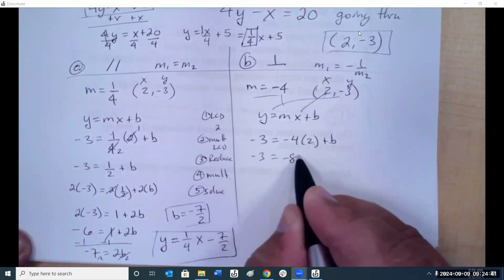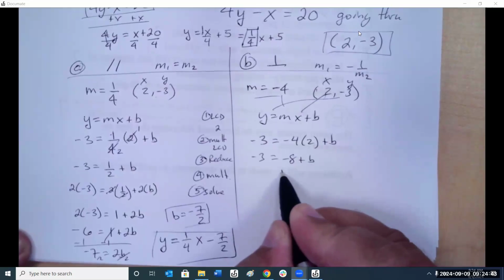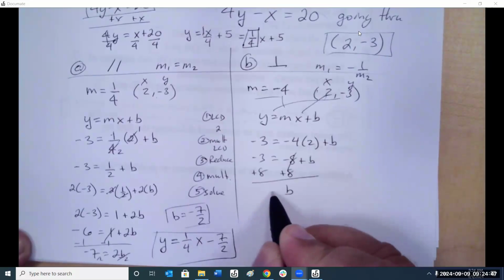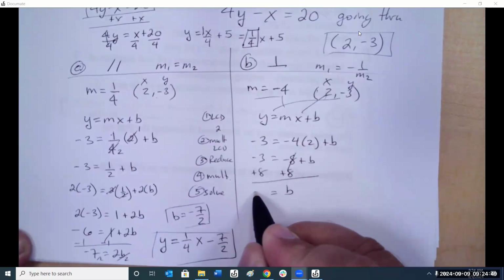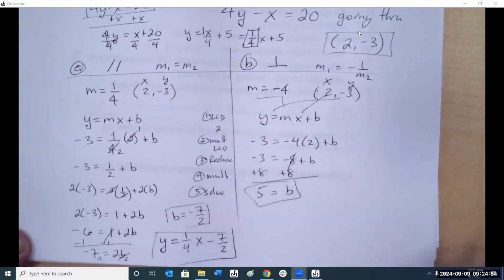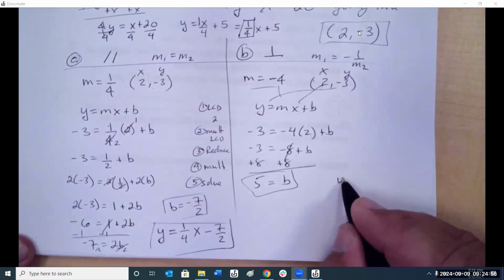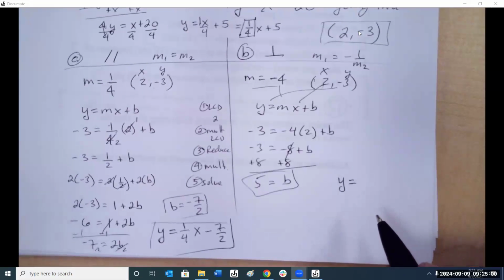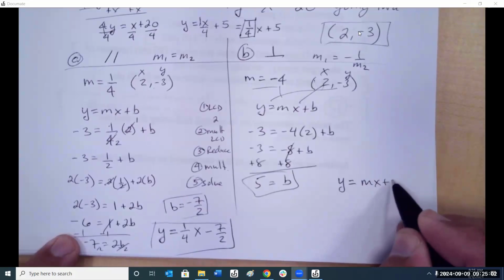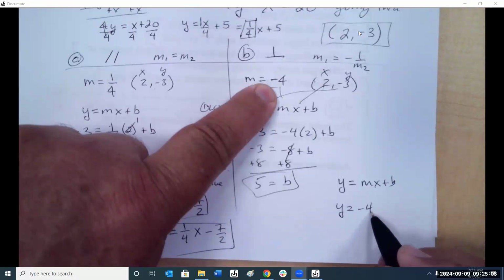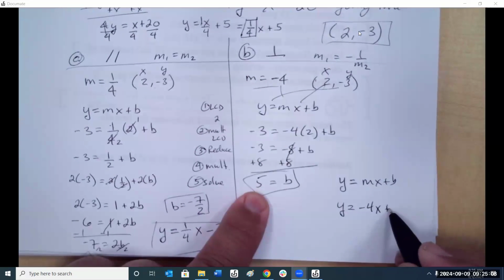So -3 equals -8 plus b. Add 8. 8's positive, so it's positive. 8 minus 3 is 5. So y equals mx plus b. m is -4 and b is +5.